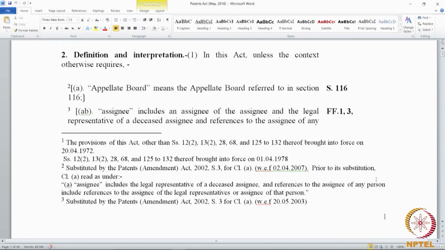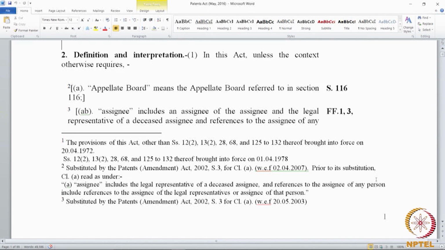Two, the definition clause has a cross reference to another part of the Act where that word or phrase is defined. And three, the definition clause could refer to another enactment altogether, another enactment passed by the central government where this was previously defined. Now, if the definition clause does not define a particular word, then we understand that word to take its normal dictionary meaning, or the normal meaning in which it is understood.